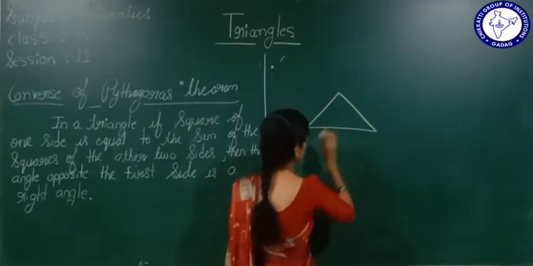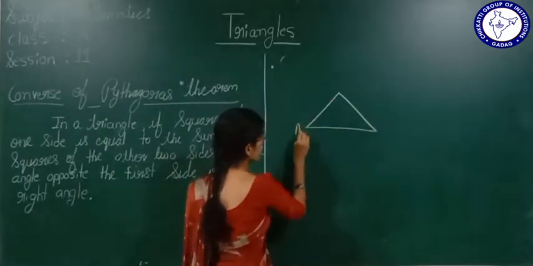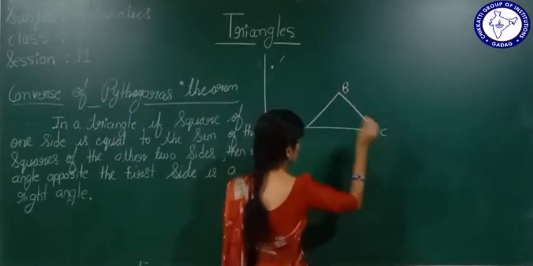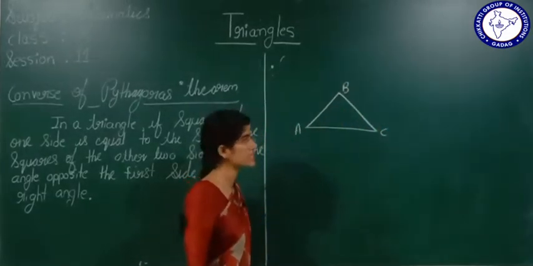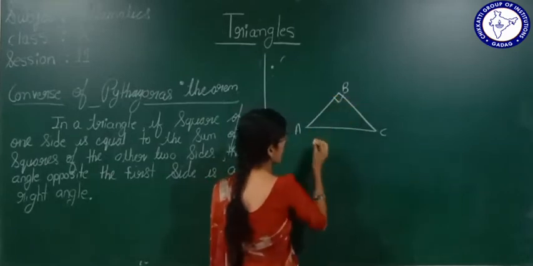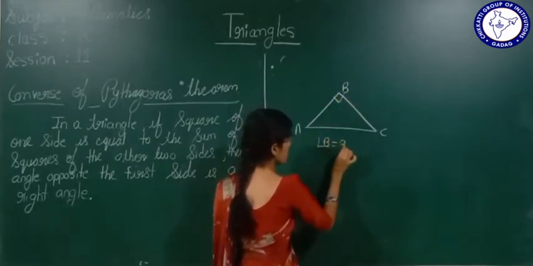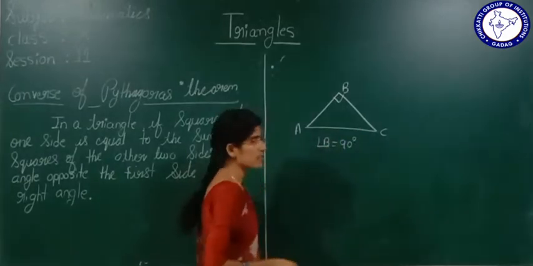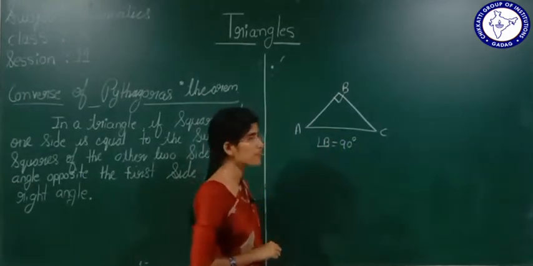Suppose we have a right triangle in which angle B is equal to 90 degrees.